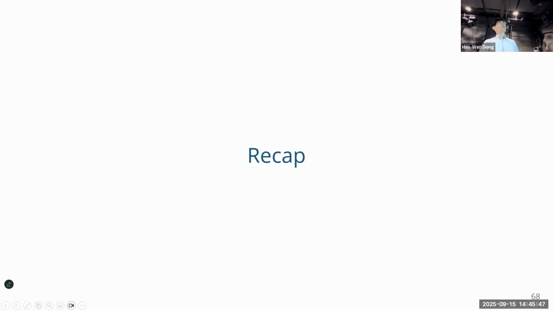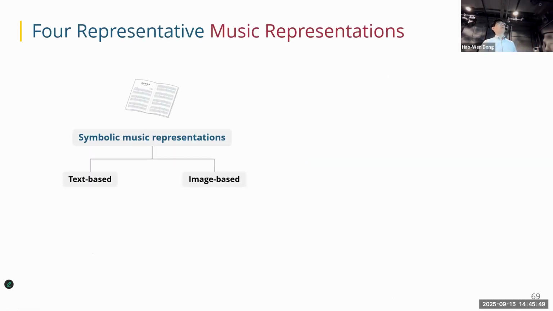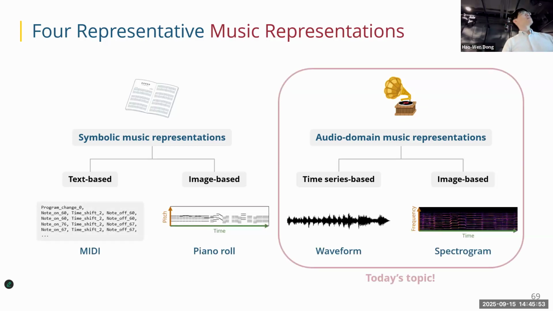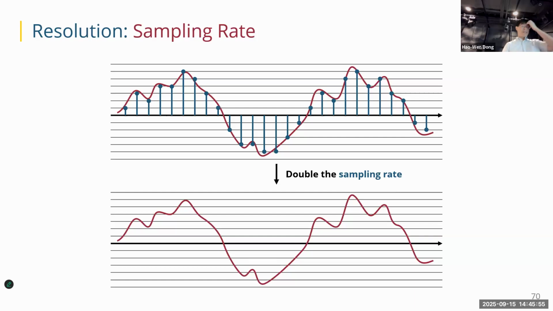Cool. Five minutes left. Just quickly recap. We are mostly working with spectrograms in this class. And we started from sampling rate, because you cannot just capture everything in perfect resolution, there's just no way. So you want to sample it a little bit, depending on how good your microphone is.